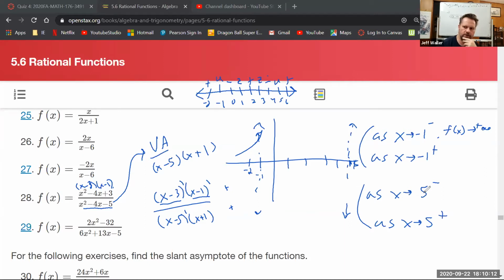So as x goes to 5 from below, it looks like f of x is going to go to -infinity. I can see that because it's negative, so it's down. And then on the other side, it's up. So as x goes to 5 from the right, the outputs go to positive infinity.